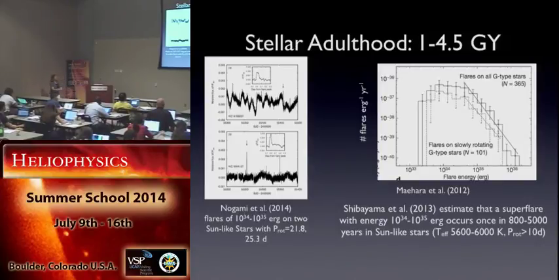And this paper by Shibayama tried to estimate how often these, what they called super flares, might occur on these sun-like stars. And they estimated that something with an energy of 10^34 to 10^35 ergs happens once every 800 to 5,000 years in solar-like stars.